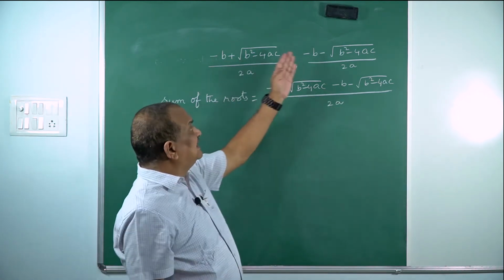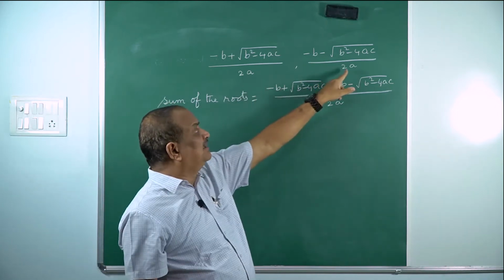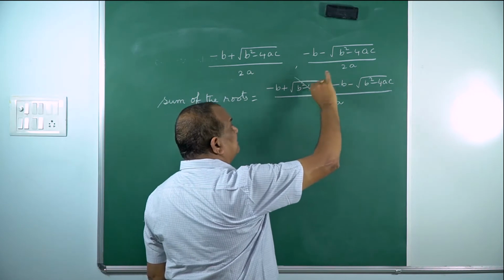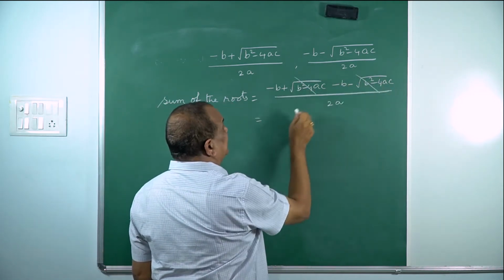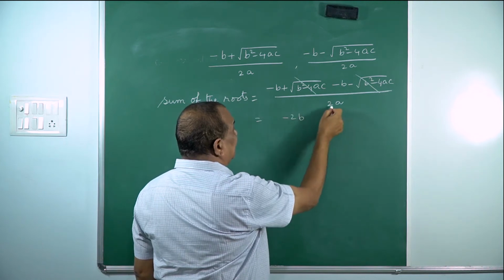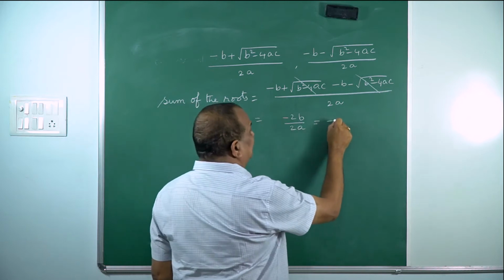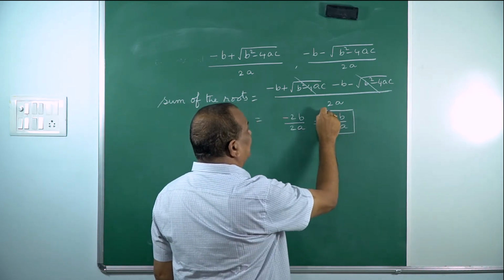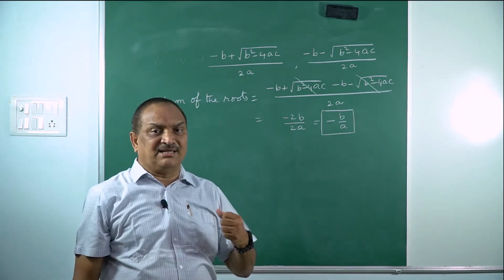I added the numerators because the denominator is the same. Here if you watch carefully, this part will go. And minus b and minus b, minus 2b, and there is a 2a in the denominator. If 2 is taken off, you are left with this one. And this is the formula to determine the sum of the roots, minus b by a.